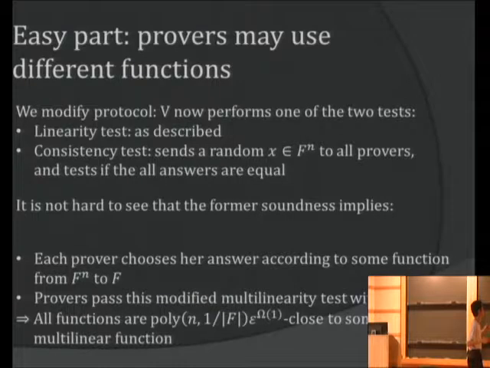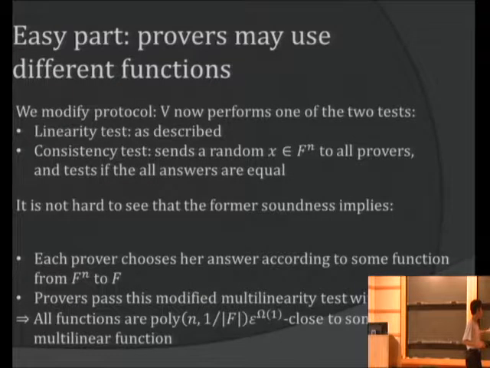So we modify the protocol so that the verifier now does the test I described before, and a consistency test. So sometimes the verifier chooses just one point and asks the same point to all 3 provers, and tests that all the answers are equal.